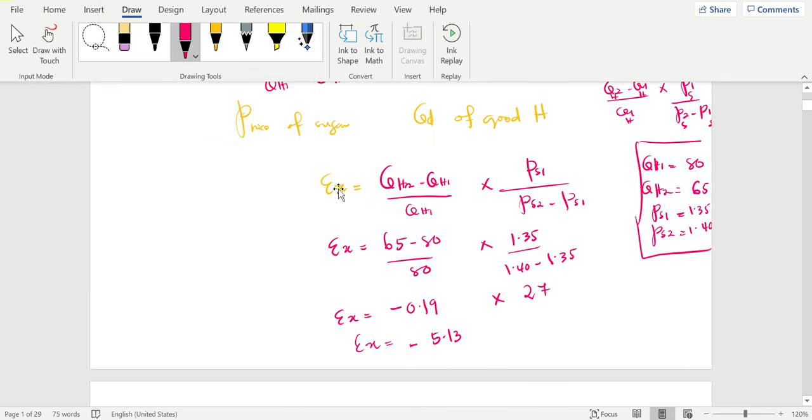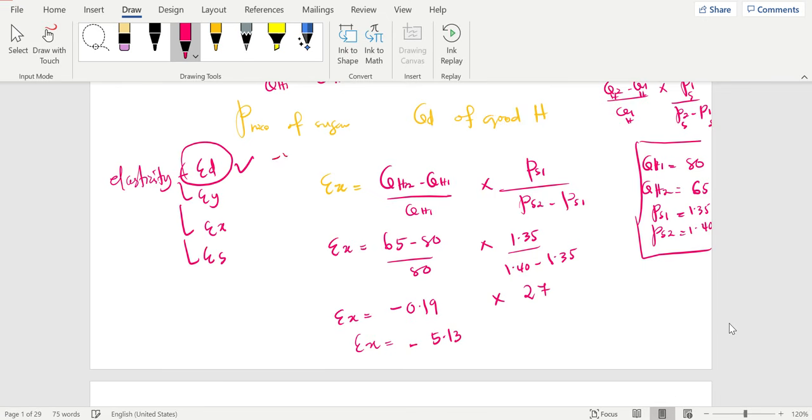But this one is EX, so you cannot ignore the negative. I told you, for elasticity there are 4: ED, EY, EX, ES. Only for this one, the negative value, you ignore and use the absolute value. But for the others you cannot ignore it. So this one you must answer with negative. So this is your answer.